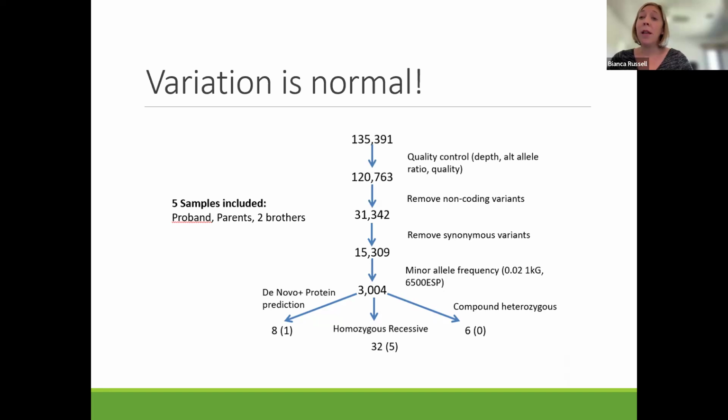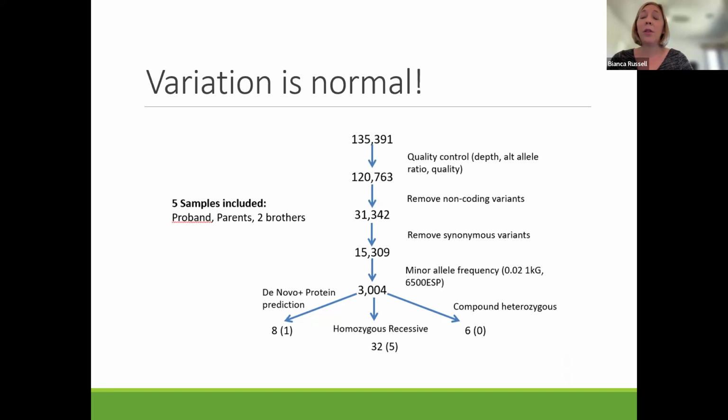Then we oftentimes employ sort of the family inheritance, which is why we talk about doing this as a trio, or in this case as a pent. So we included siblings, and we're able to then look at what changes are inherited and what changes are new, and use that data to help us interpret which changes might have an impact. But as you can see here in this family, we still ended up with a good number of targets that we needed to investigate to try and understand the cause here.